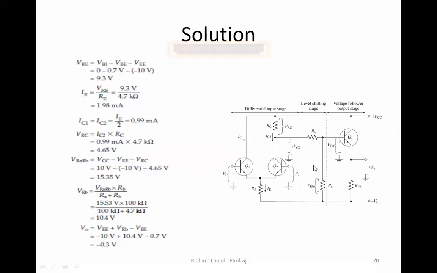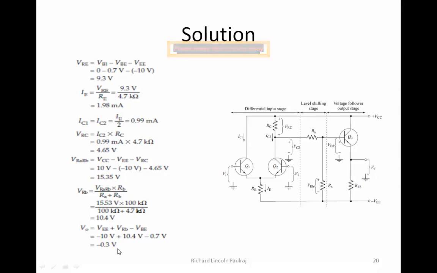Now the output voltage is actually here, right? One of the terminals is connected to VEE, and then we have voltage VRB, and then VBE, the voltage across the emitter region of Q3.